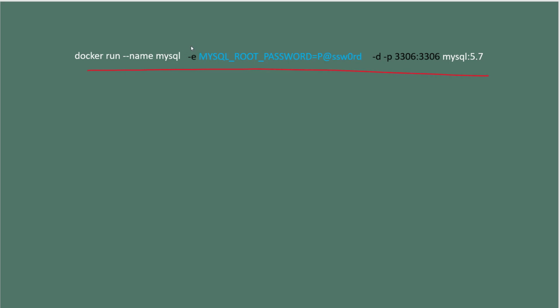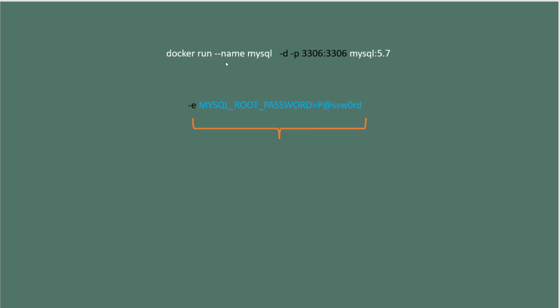We defined environment variables by adding them like this in the command. So in Kubernetes, how can we create it like that? At first, we have to take these environment variables out of the command. Now you see the command is much simpler.